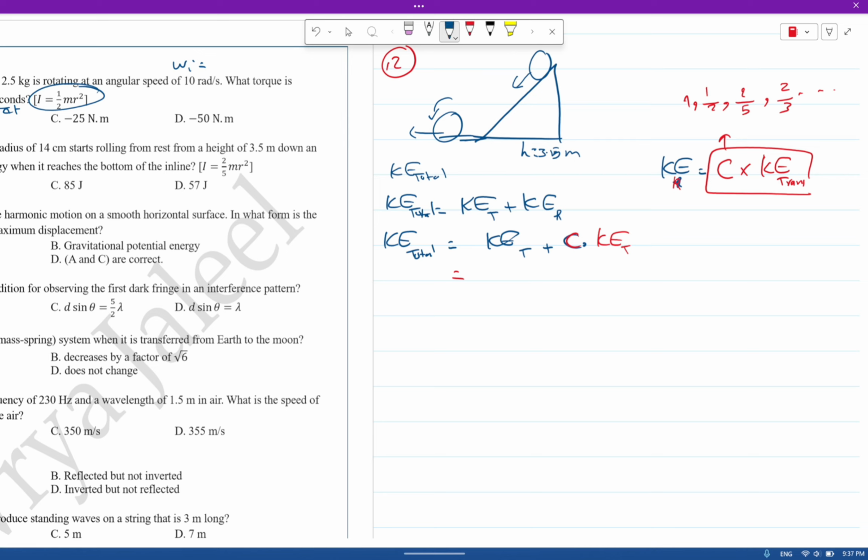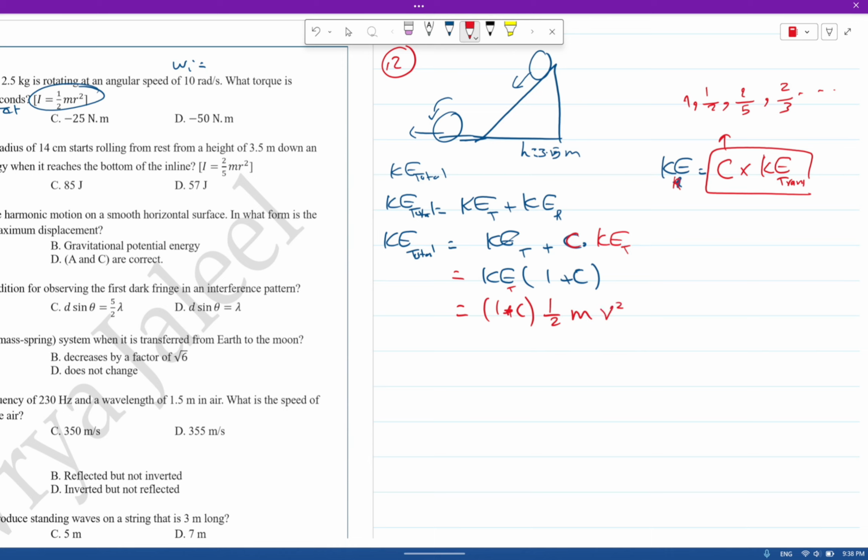We can take that as a common factor. It's going to be 1 plus C, okay? Now, so if I do this one more time, let's bring 1 and C to the front, because that is a constant here. What is translational kinetic energy? That is 1 over 2 times the mass times the velocity squared.